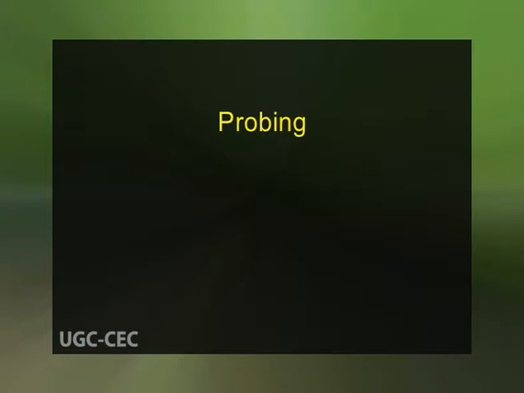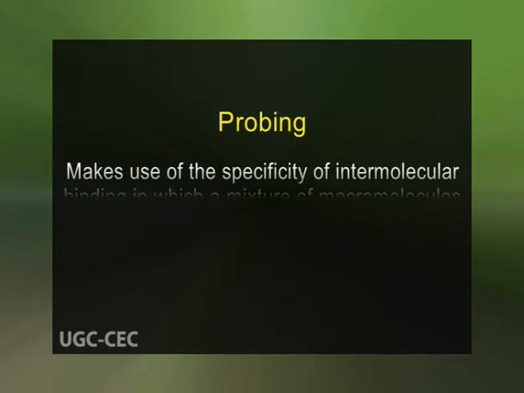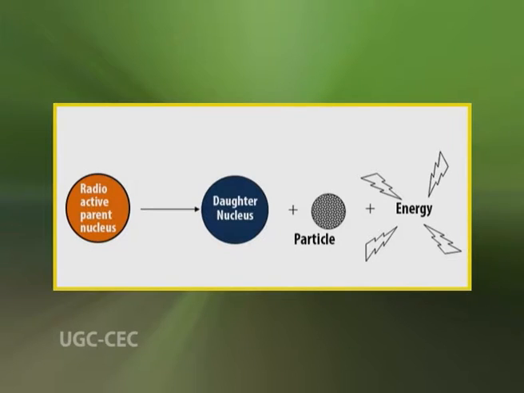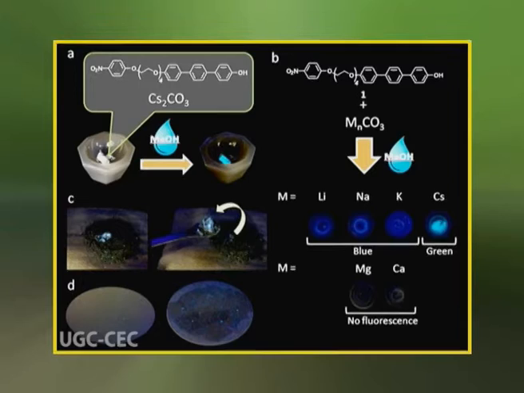The most extensively used method for detecting specific macromolecules in a mixture is probing. This method makes use of the specificity of intermolecular binding, in which a mixture of macromolecules is exposed to a probe that will bind only with the sought after macromolecule. The probe is labeled in some way, either by a radioactive atom or by a fluorescent compound, so that the site of binding can easily be detected.